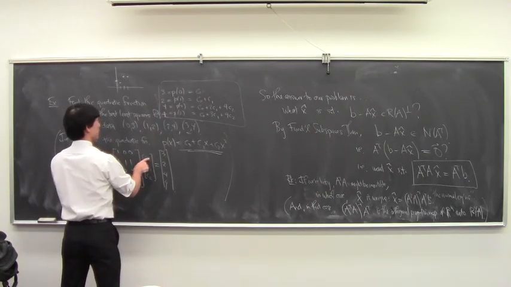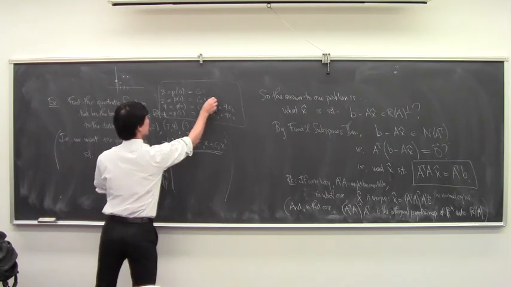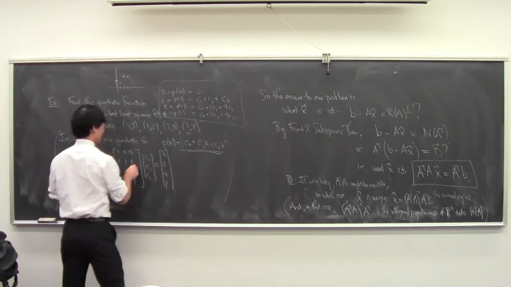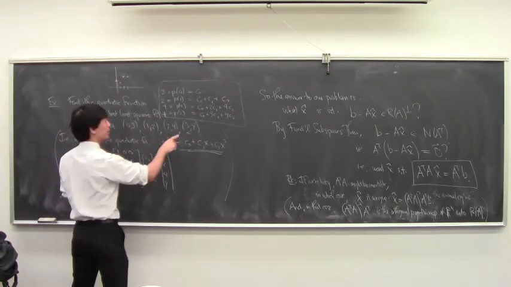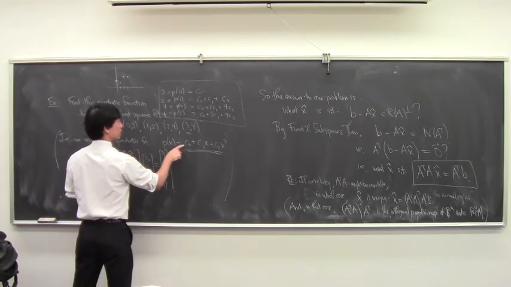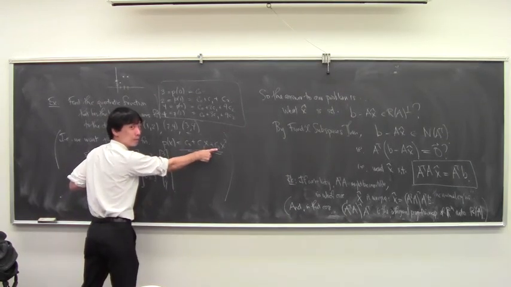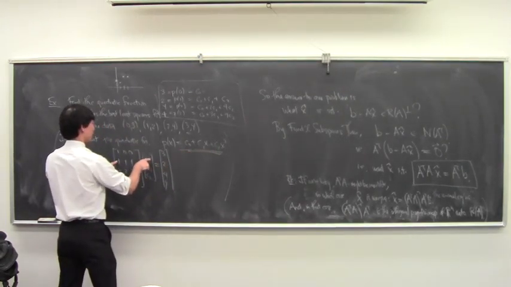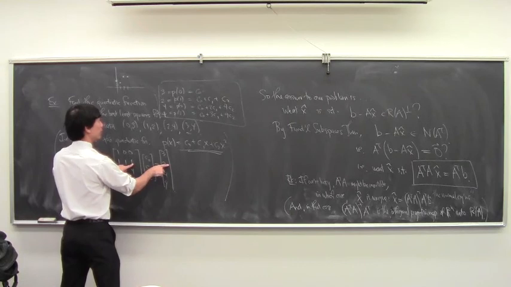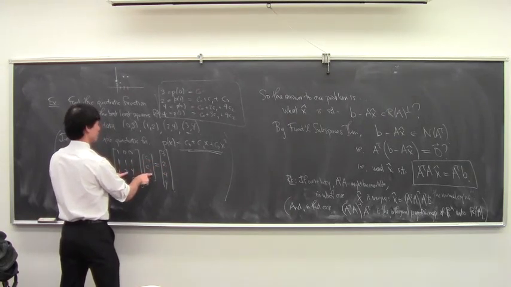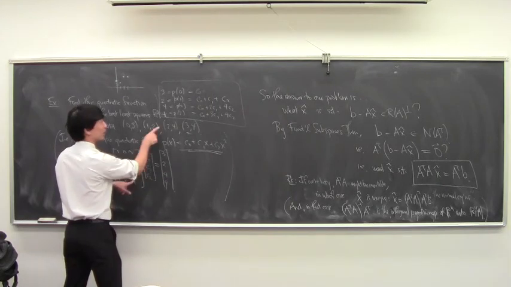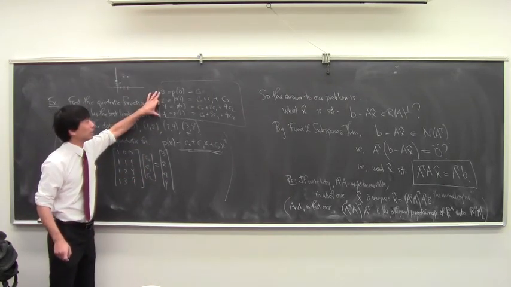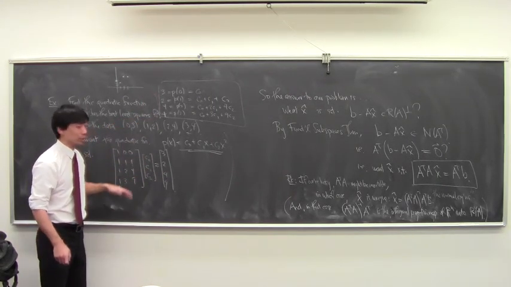I want c naught plus c1, oh, sorry, this should be c2, because p at time 1 is c naught plus c1 plus c2. So I want c naught plus c1 plus c2 to be 2. I want c naught plus 2c1 plus 4c2 to be 4. I want c naught plus 3c1 plus 9c2 to be 4. So I've just turned this information into a matrix.